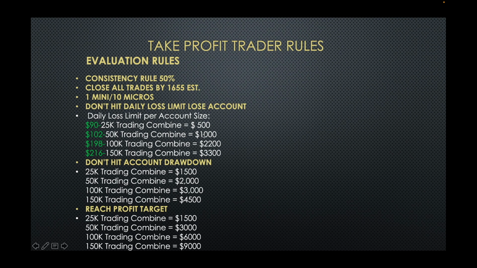But in reality, if you lose $1,000 in one day, you lose your account. So you only have $1,000 to play with daily. You can't lose more. Even in a funded account, it stays there. You can't lose more than that $1,000, or you blow your account.